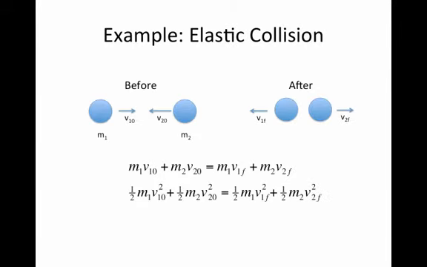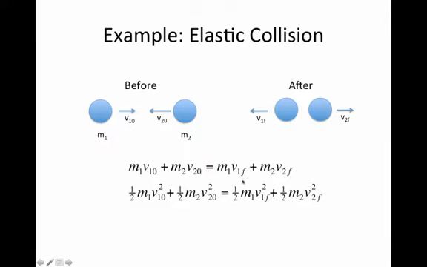All right. So in an example of an elastic collision, before you may have two objects moving towards each other. They both have momentum, they both have kinetic energy. Afterwards, they've bounced off of each other. We know that before and after, the total momentum of our two objects must be constant.